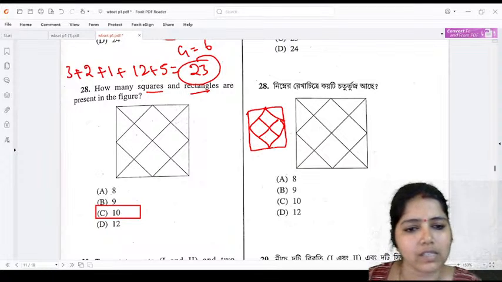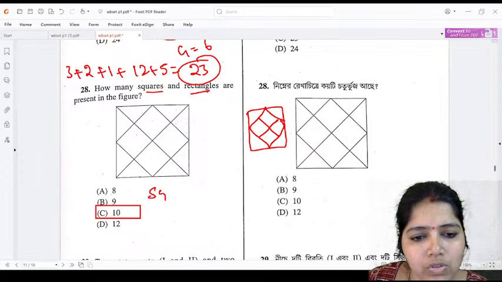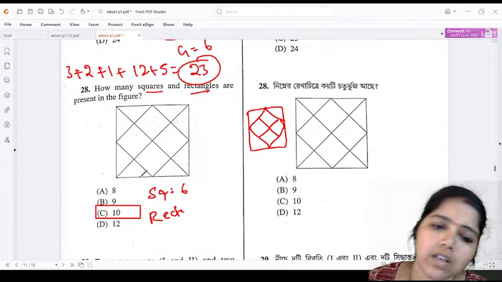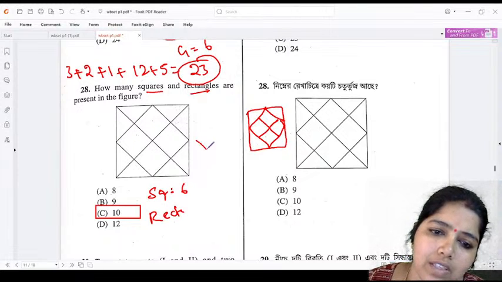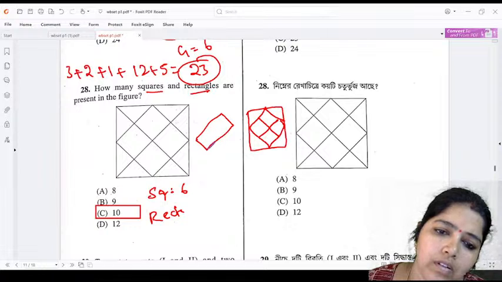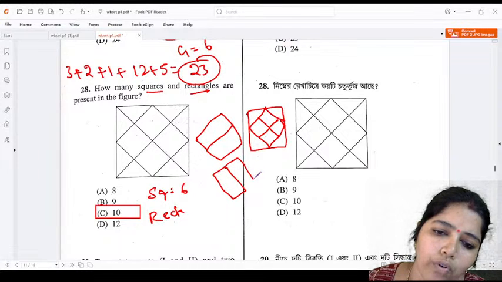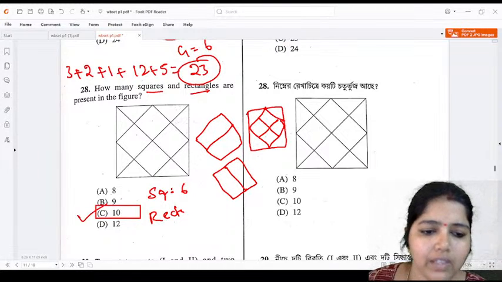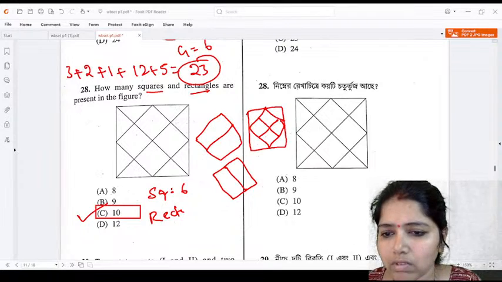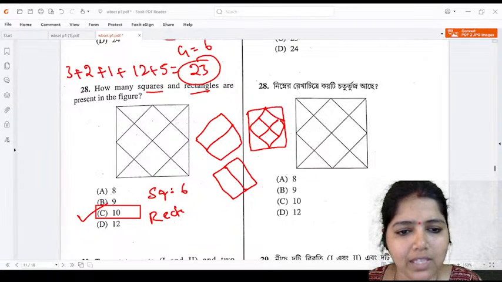So totally 6 squares. Then they have asked for rectangles. For rectangles, we can make this one. So two rectangles, and this angle also we can make rectangles. So 4. According to me, 10 is the right answer.